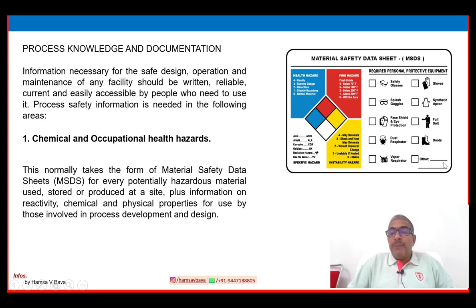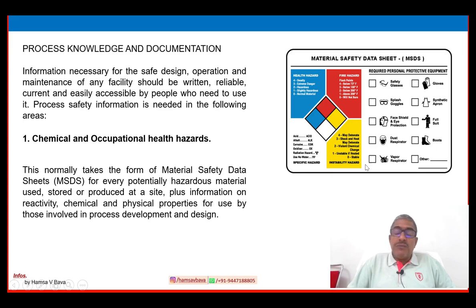That means there are various types of chemicals used or produced in industry. So it has to mention what the health hazard, fire hazard or reactivity are, or what personal protective equipment can be used.